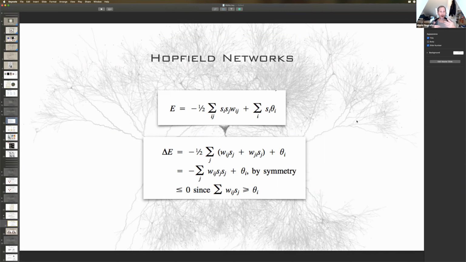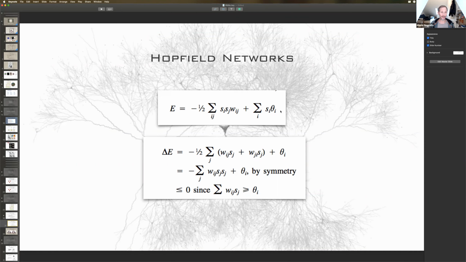It's because for networks where the connections are reciprocal and the activity of the units can either be on or off, you can show that there is an energy function that is always decreasing. So this is the proof of the fact that you have an always decreasing energy function. Theta is a threshold.